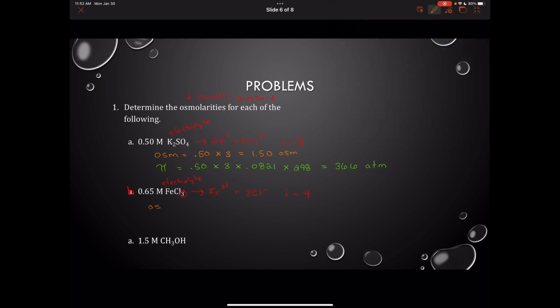So my osmolarity is going to be my molarity, 0.65, times I of 4, which gives me 2.6 OSM. My osmotic pressure would be 0.65 times 4 times 0.0821 times 298 Kelvin, giving me a pressure of 63.6 atmospheres.